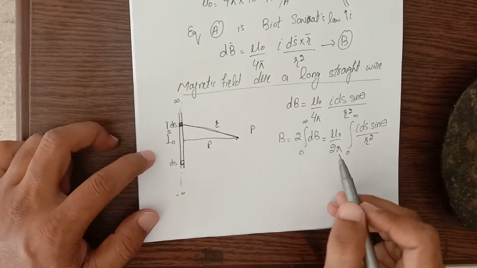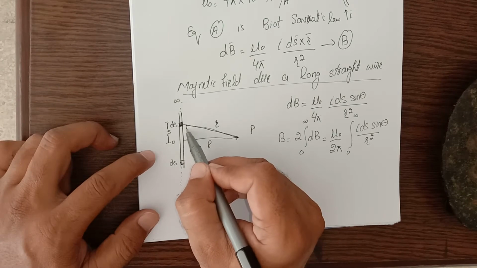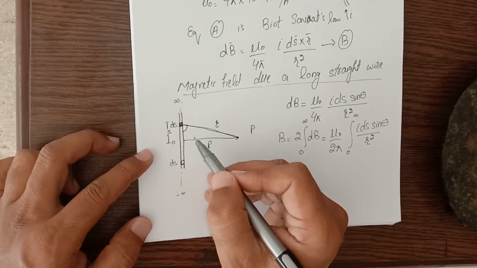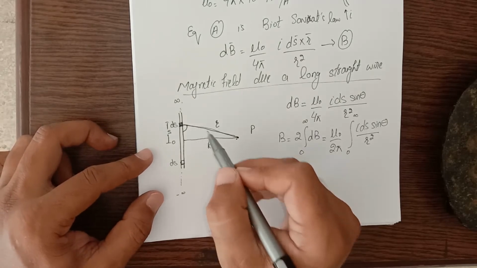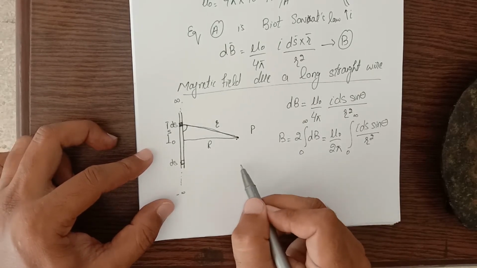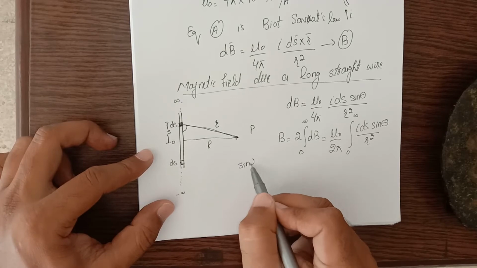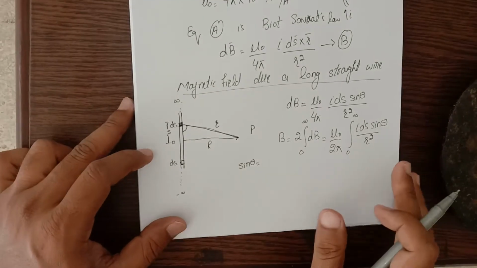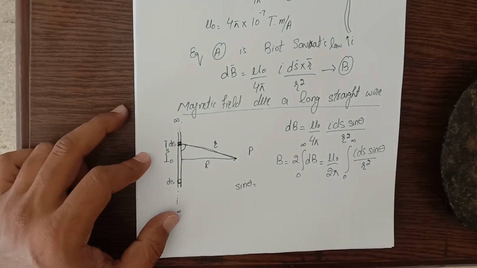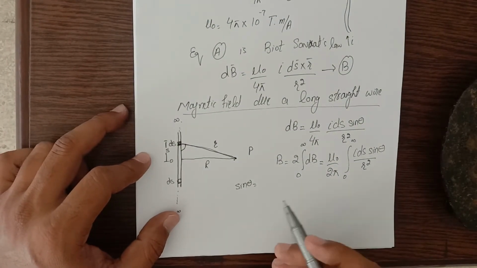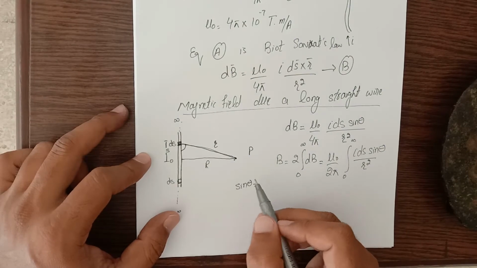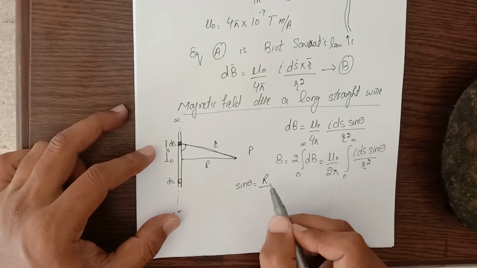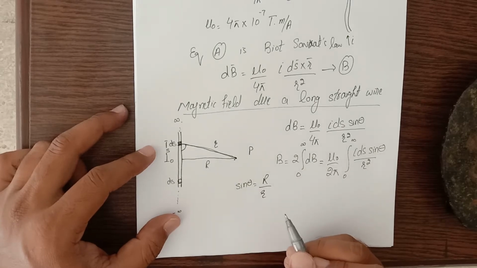Now if this is my angle theta, then the sine theta would be perpendicular over hypotenuse, and it would be given as capital R over small r.